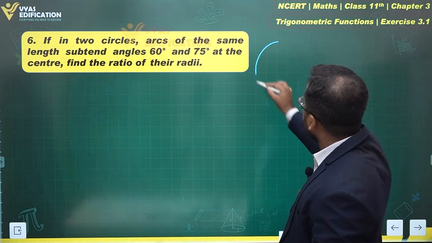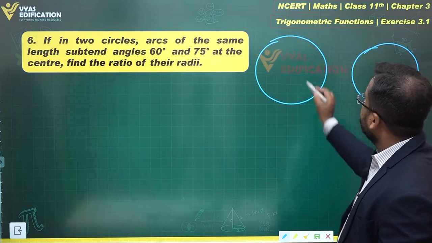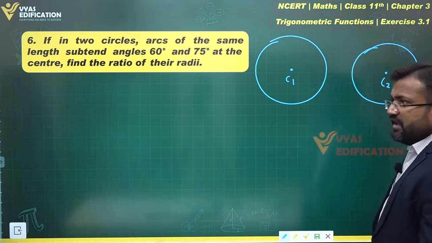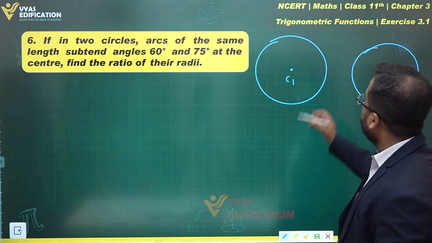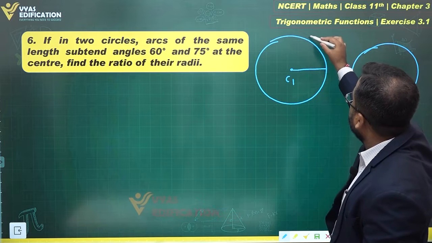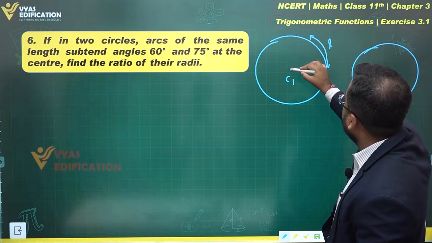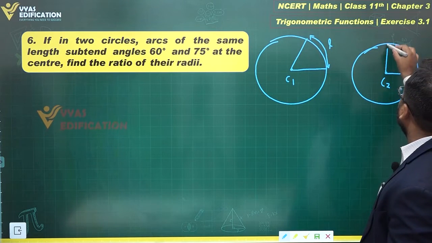There are two circles. This is one circle. This is another circle, let's say. This is center C1. This is center C2. Arcs of the same length. So you have an arc length, this L, and you have the same arc length over here also.